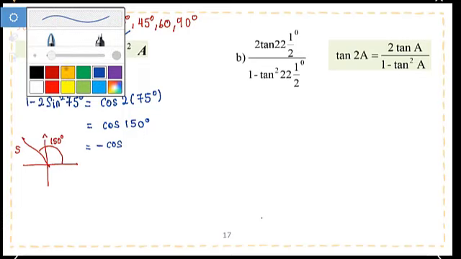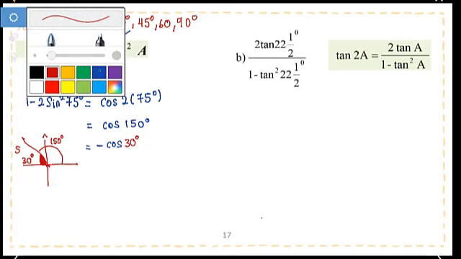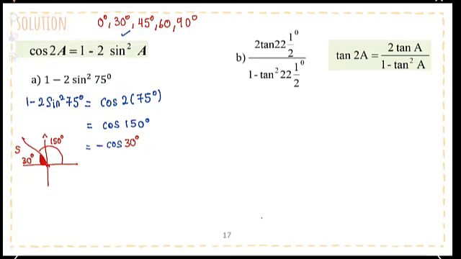The reference angle is the angle from your x-axis to your terminal side, which is 30 degree. Notice, students, 30 degree is a special angle which we already memorized. So what is cos 30? Cos 30 is negative square root of 3 divided by 2.